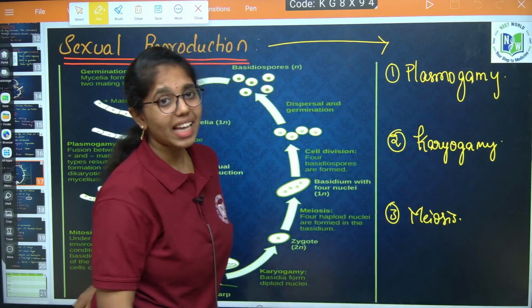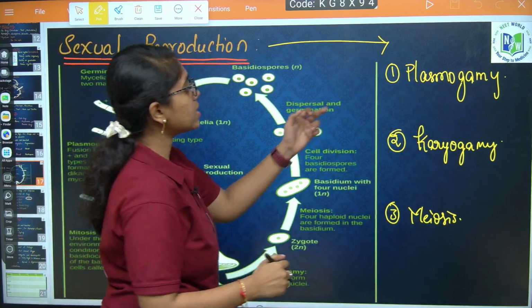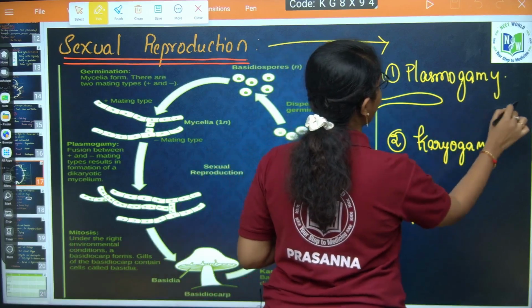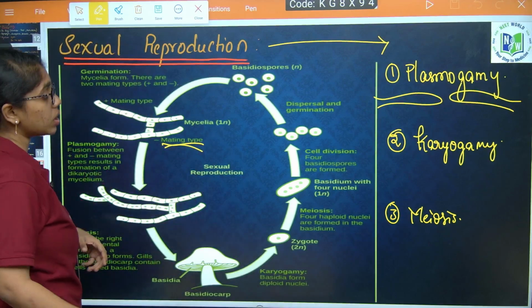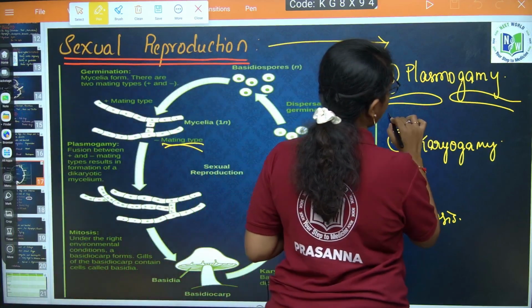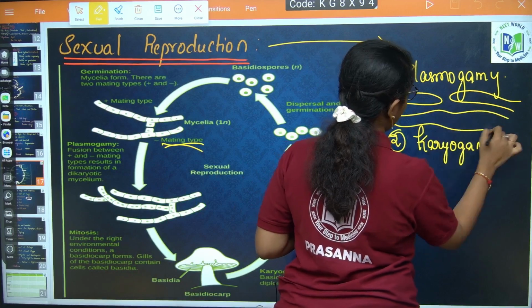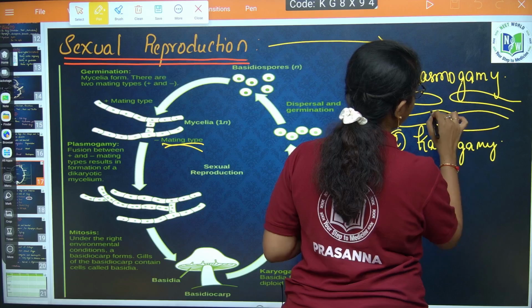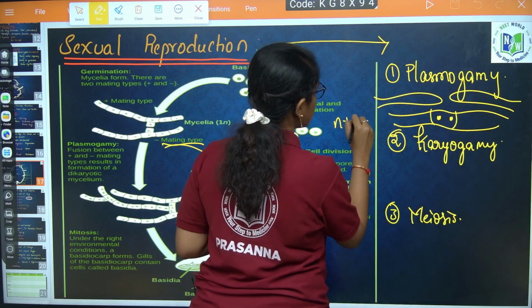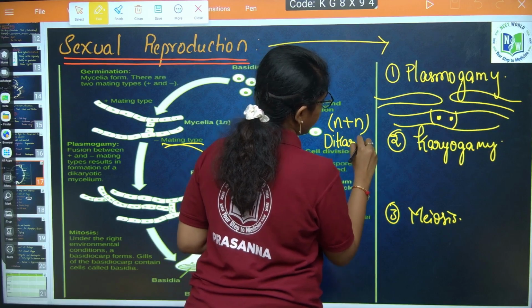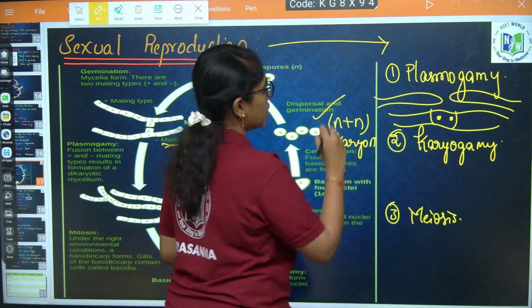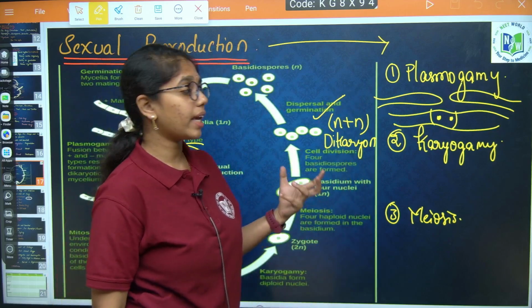Once the protoplasmic fusion has happened, that is, both the plus strain and minus strain, both the mating types, are fused, then the dikaryon stage is formed. What is formed? Dikaryon stage, that is N plus N. Asked a number of times in the exam: in which classes do you find the dikaryon stage?